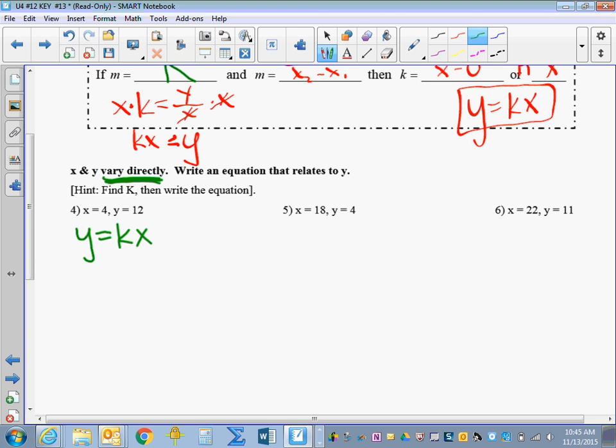So y is 12, so I put in 12 for y. Do they give me a k? No, we're trying to find that. K is my constant of variation. What am I going to do with x equals 4? Put in 4, and we're multiplying here. And they even give us a hint: find k, then write the equation.